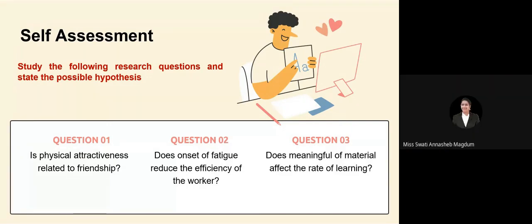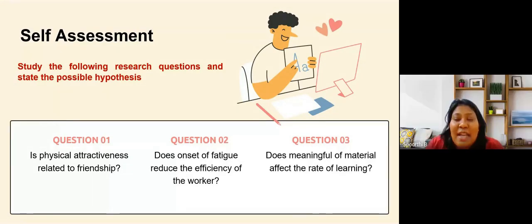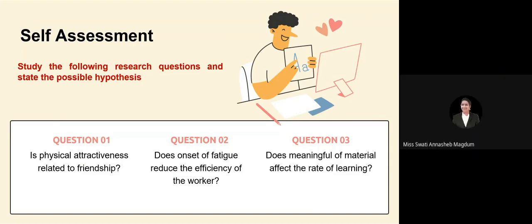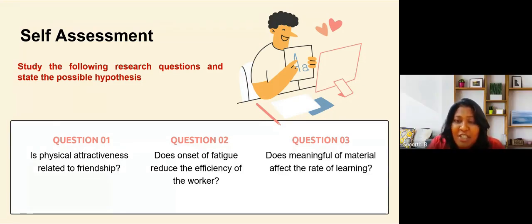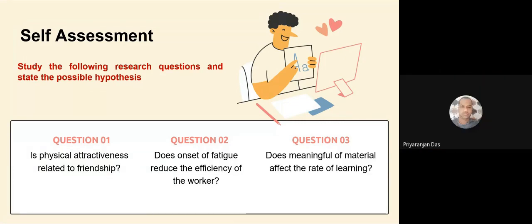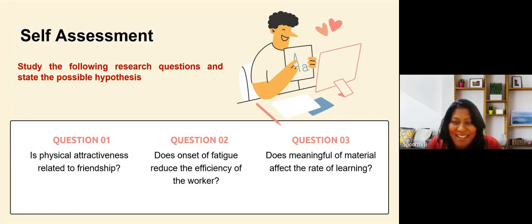If you have an attractive personality, you have more friends. Fair. Yes, Priyaranjan, sir. Ma'am, physical attractiveness is crucial for friendship among young persons. Okay, young persons. So as you get old, this doesn't matter, is it?